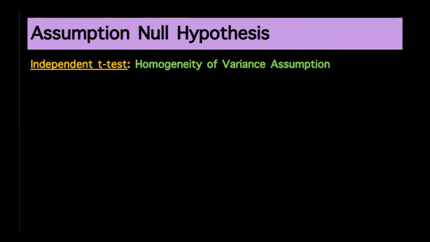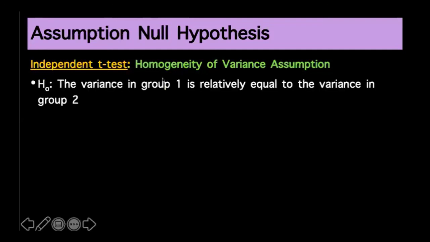That will make more sense when I go through the process in the activity video. But if you get a p-value for any test in SPSS, that means there is some null hypothesis that goes along with that p-value. This homogeneity of variance assumption is tested in SPSS, and you get a p-value for it.